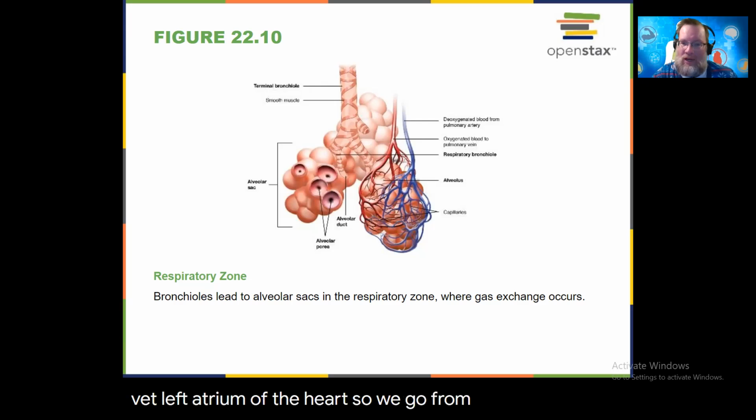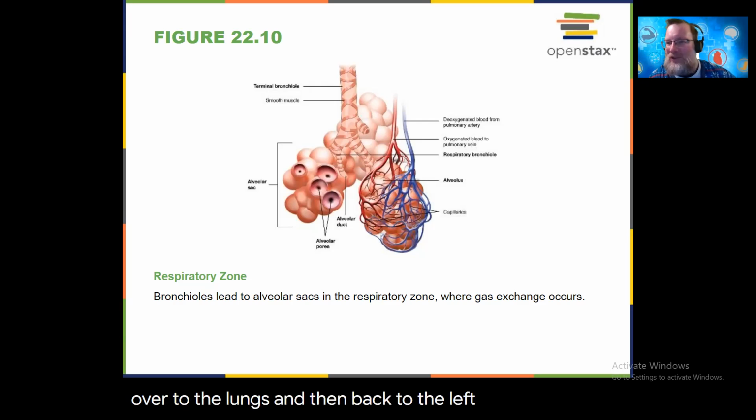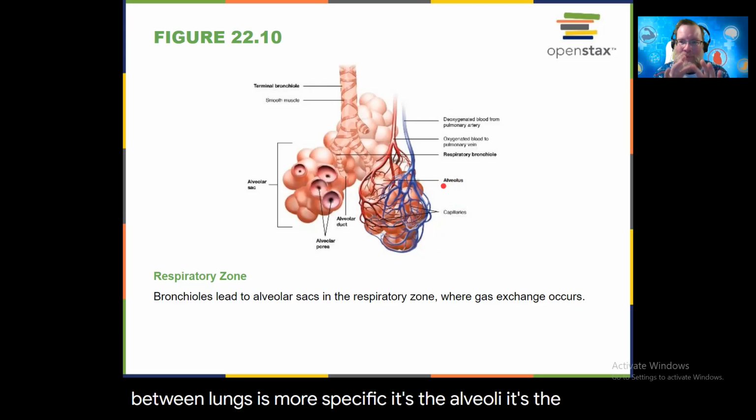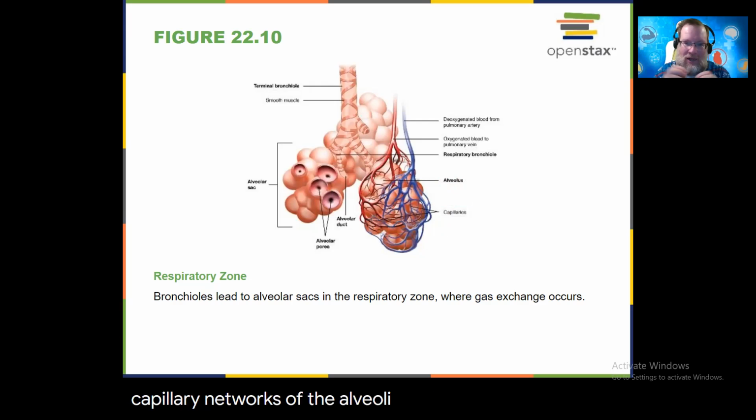So we go from the right ventricle over to the lungs and then back to the left atrium. So in between, the lungs is more specific. It's the alveoli. It's the capillary networks of the alveoli. These are the air sacs where the oxygen and CO2 are going to get transferred and exchanged. Okay. So the heart pumps blood to the lungs, and the lungs send blood back to the heart.